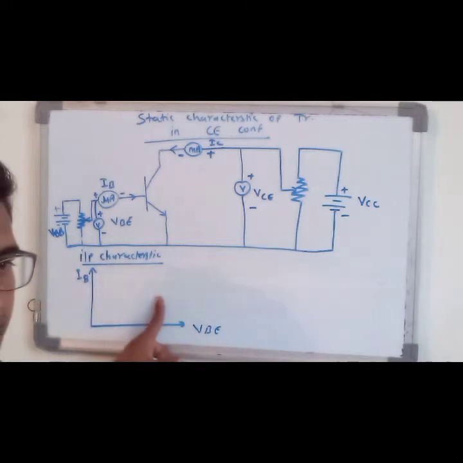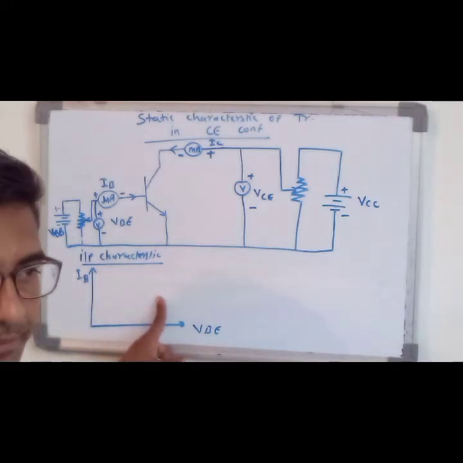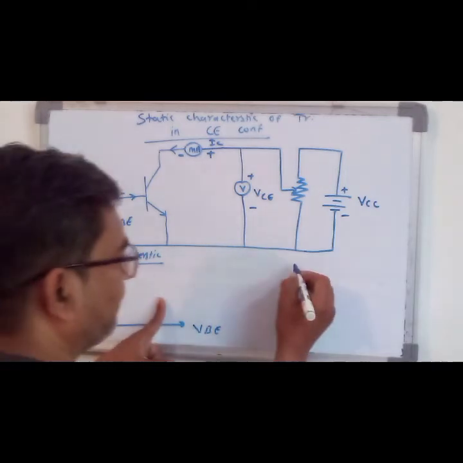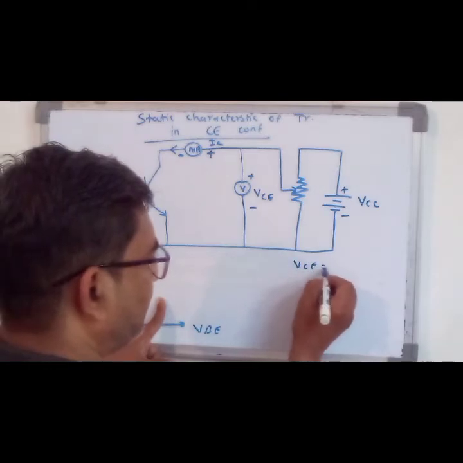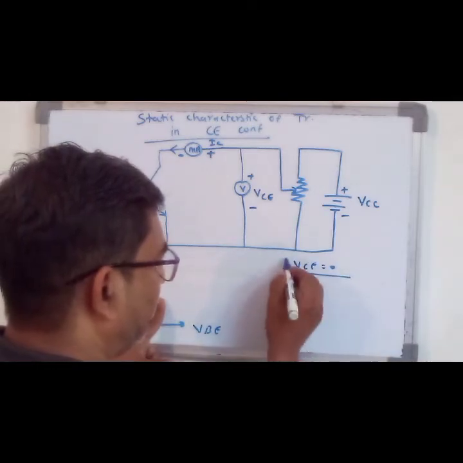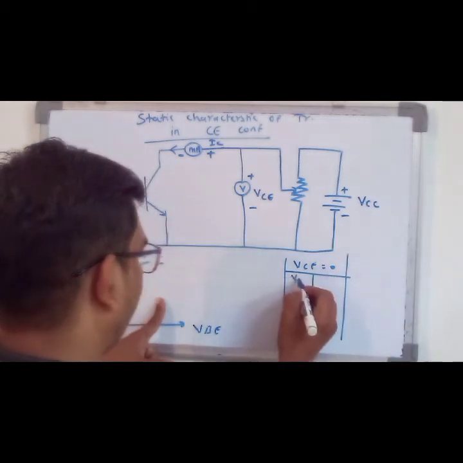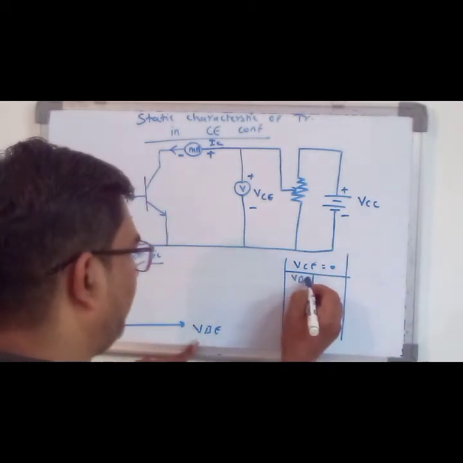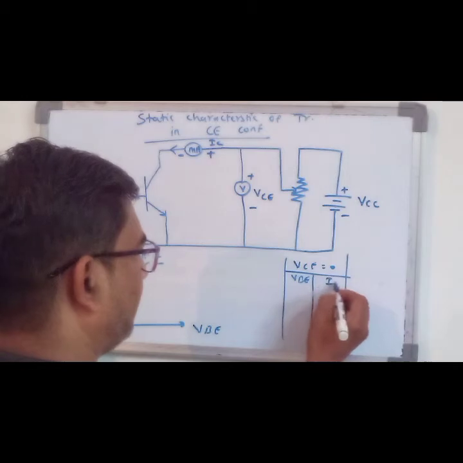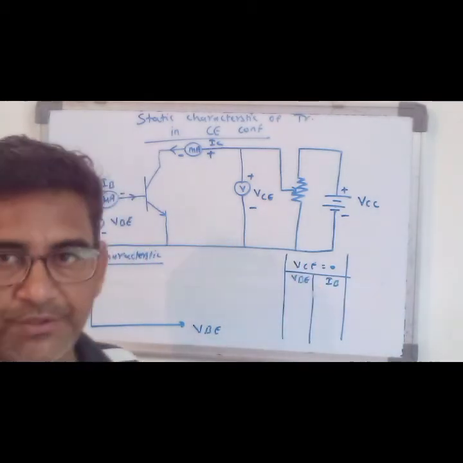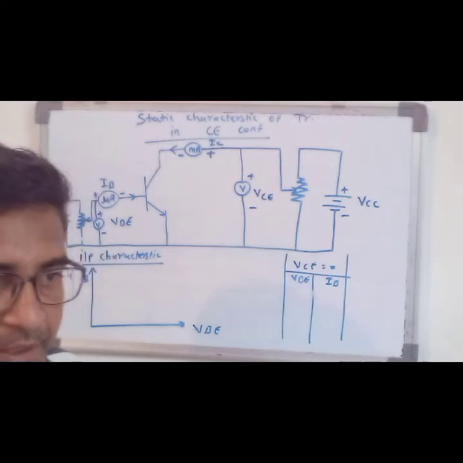But as I told you, by keeping VCE constant. Okay, for the first time VCE is equal to 0, you will obtain the value of VBE and IB in a first case.